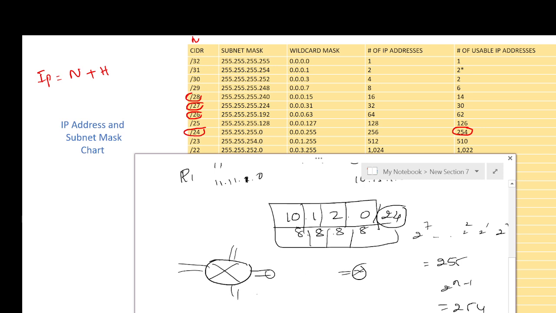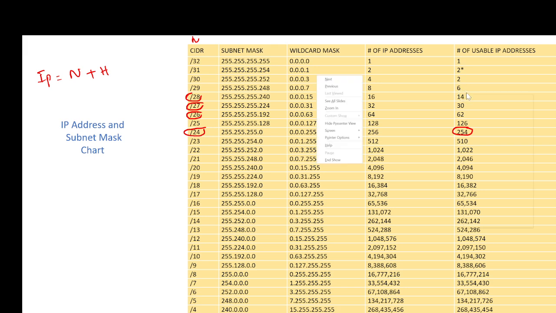So here you only need very few IP addresses. So we can go with /28. What you have to write here is 10.1.2.0/28. So it will only consider these 14 IP addresses in that particular subnet.